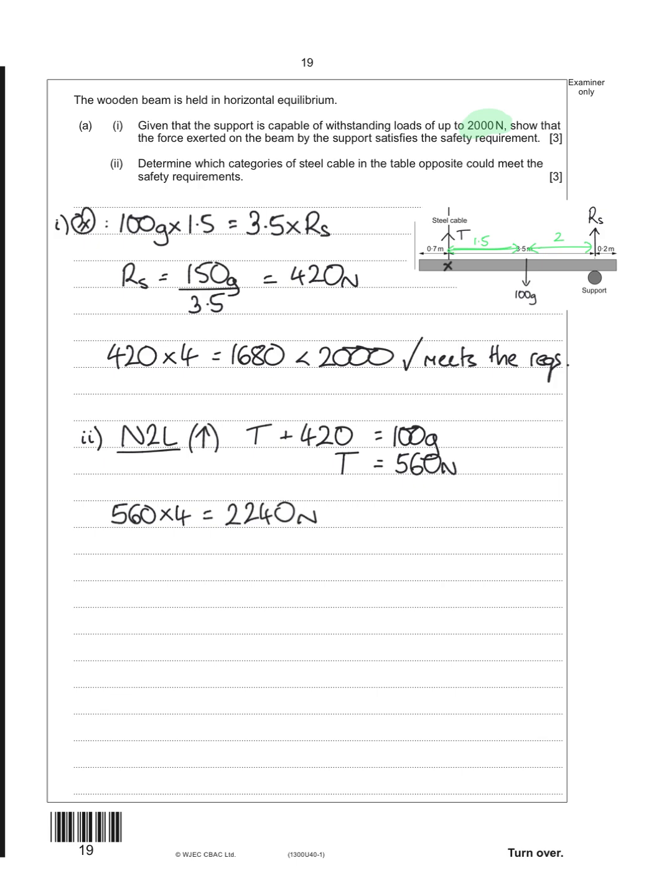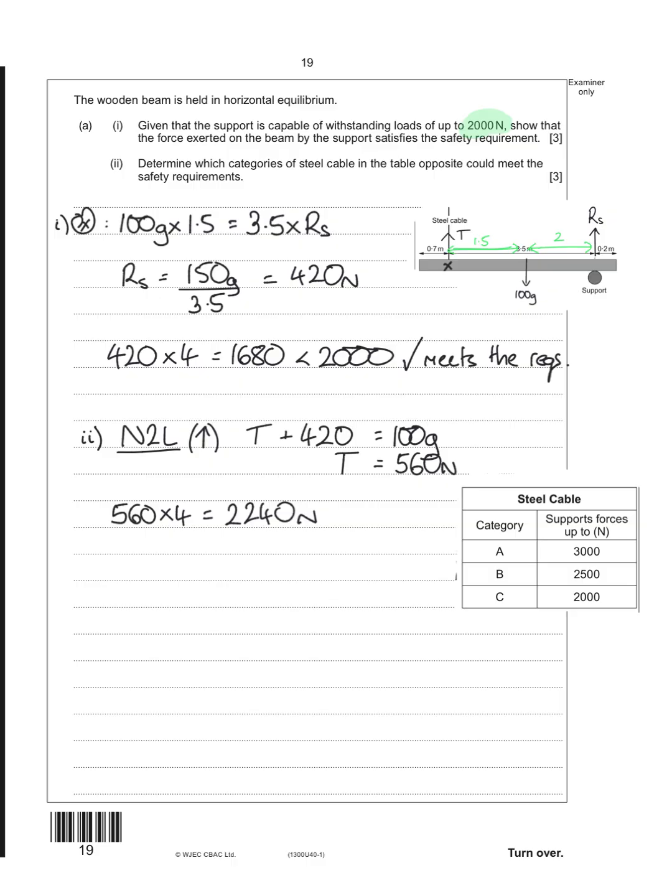newtons. And then thinking back to the grid from before, voila, the magic cut and paste elves did that. So C can't do it, B could do it, or A could do it.